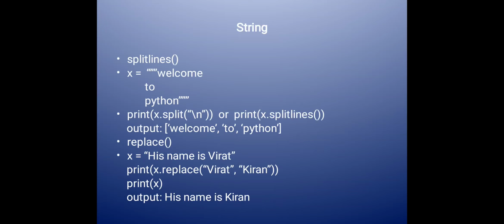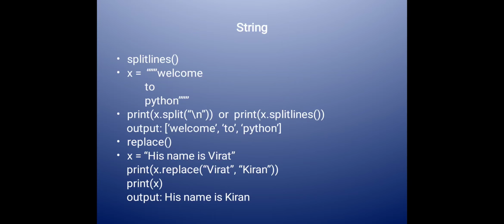Next comes the splitlines function. x is equal to welcome to Python within triple quotes, because it is a multi-line string. That's why we have used triple quotes. Then print x dot split slash n. The output will be welcome to Python, each on its own line. That means it will split according to the delimiter given in the split function.